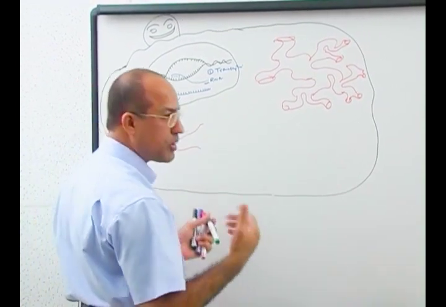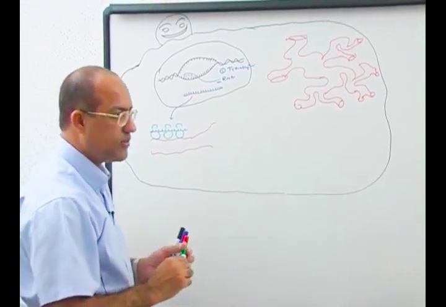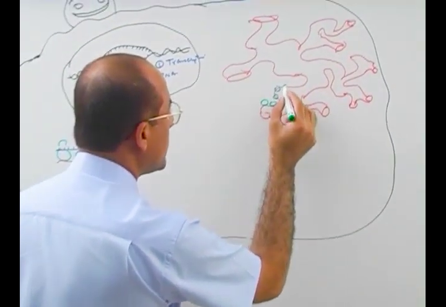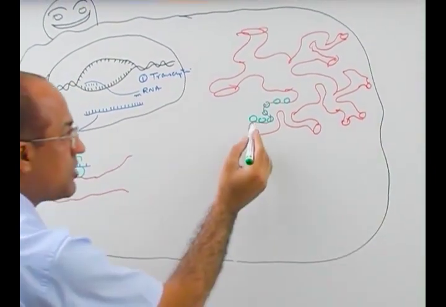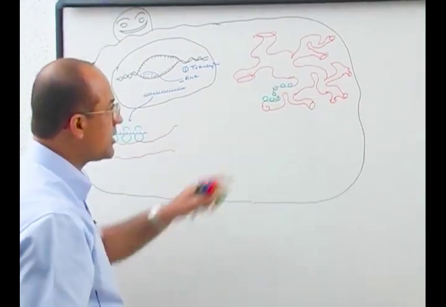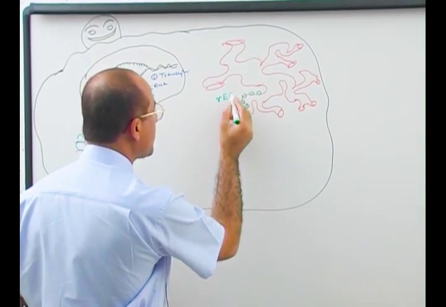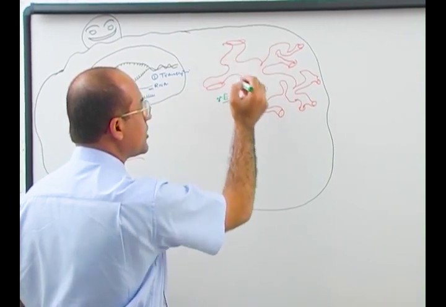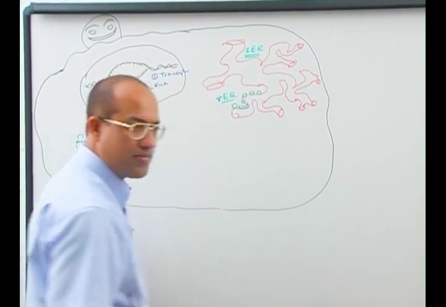Because ribosomes are going to synthesize proteins, they get attached on the surface of endoplasmic reticulum. And that part of the endoplasmic reticulum which is loaded with the ribosomes, because under the electron microscope it was looking rough, so it was called rough endoplasmic reticulum. And this is an endoplasmic reticulum which is not having ribosomes, so it is called smooth endoplasmic reticulum.